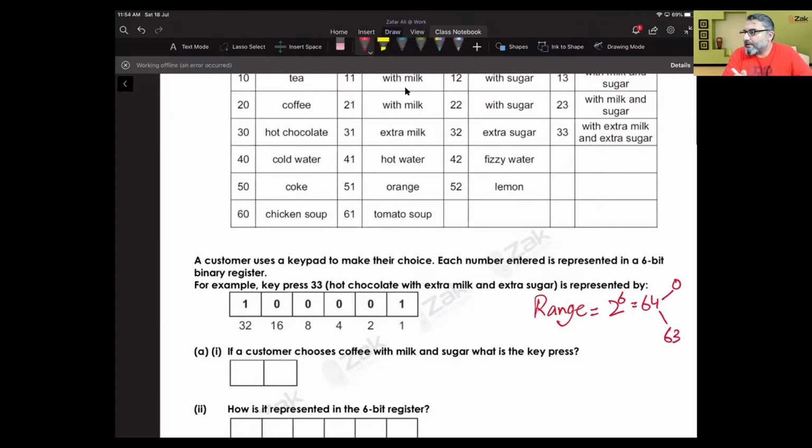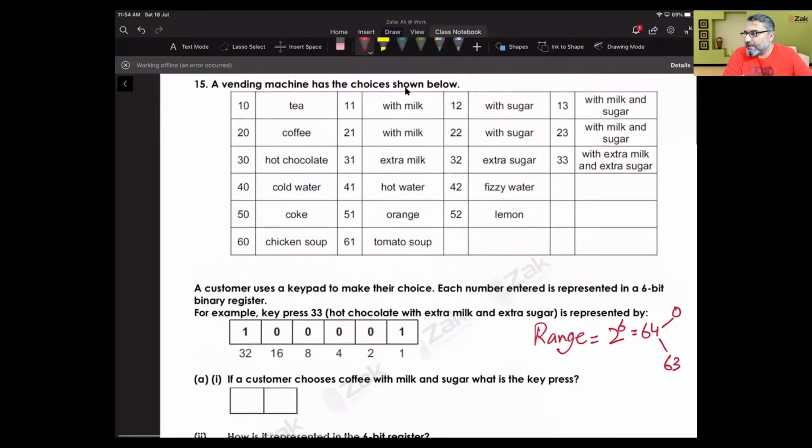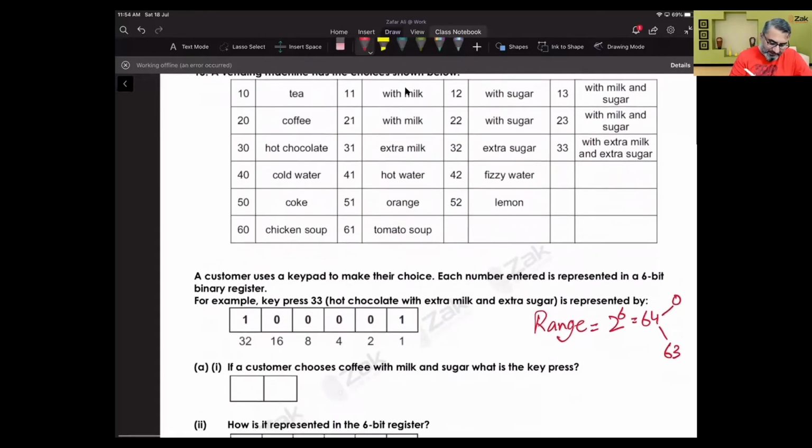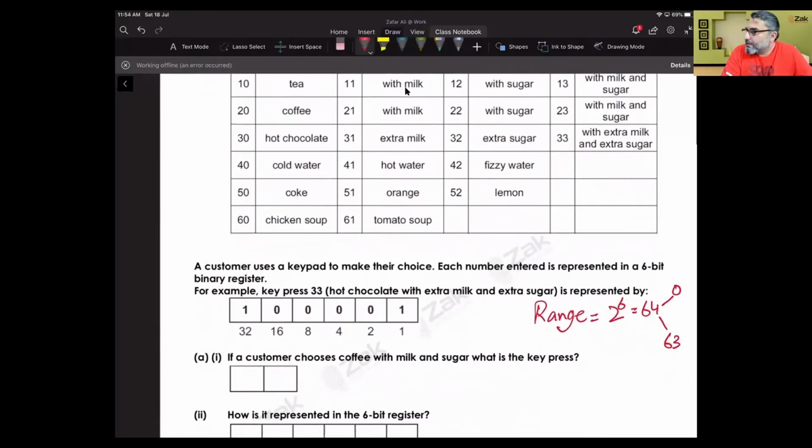So the range is from 0 to 63 for a register which has 6 bits in it. Keep in mind that the range for this 6-bit register is from 0 to 63, meaning 64 different numbers.